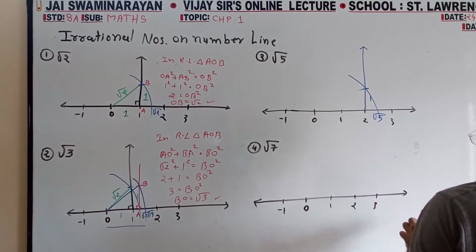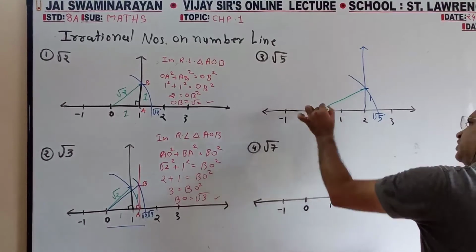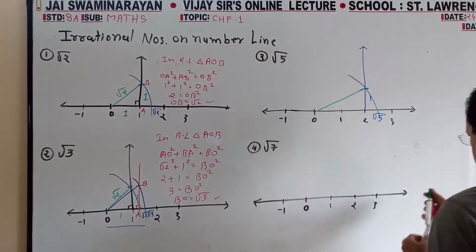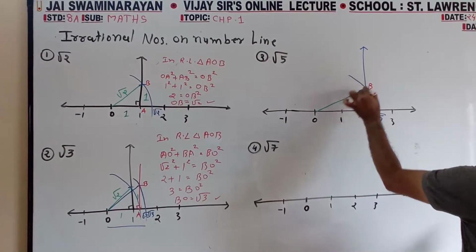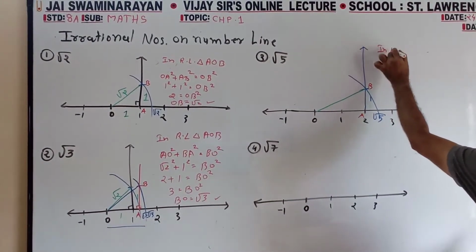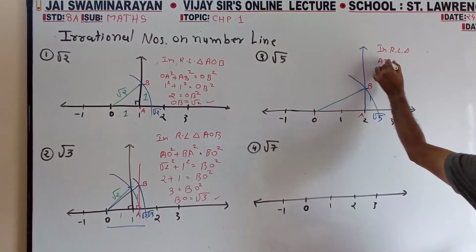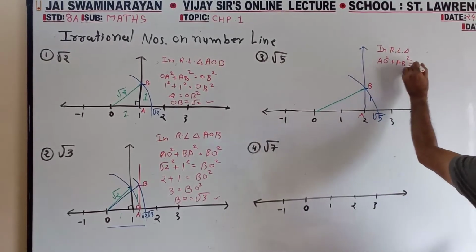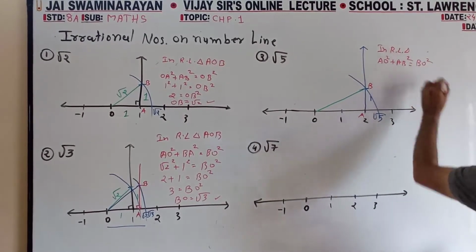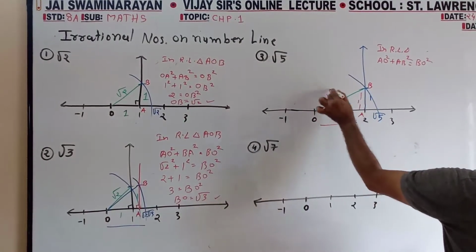How? That I will show. Now this is O, this is your A, this is your B. Now in right angle triangle, AO square, AB square, BO square. So this is 2, this is 1, this is root 5.